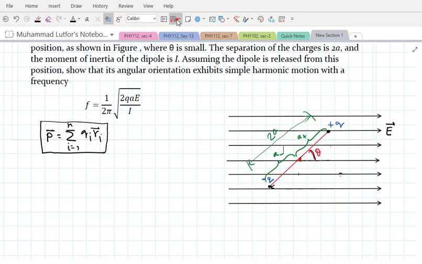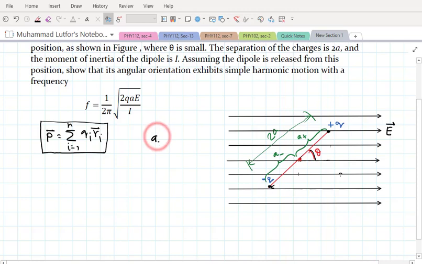I give the subscripts plus and minus for the corresponding positive and negative charge. Now the magnitude of a plus equals the magnitude of a minus, which must be equal to a.